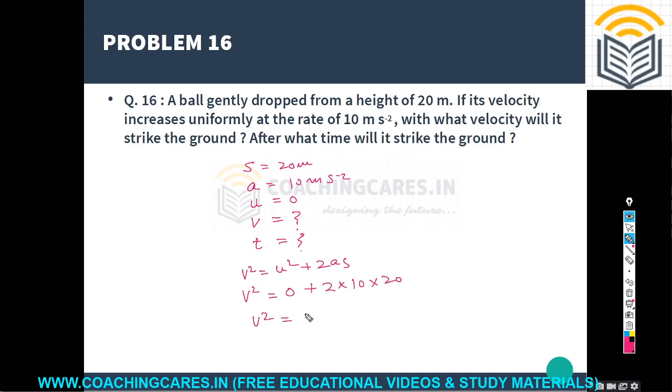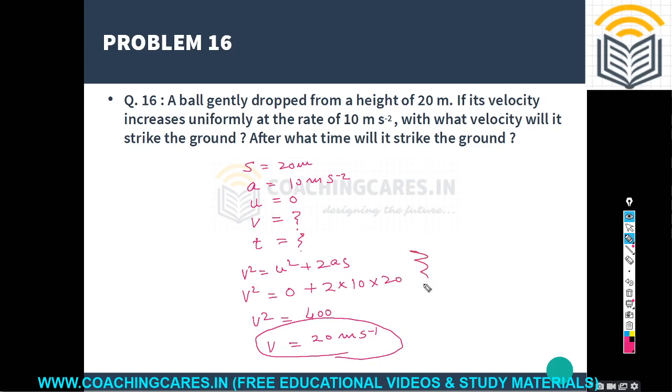So v square is equal to 400. So v is equal to 20 meter per second. This is the answer. That's the final velocity with which the ball will strike the ground.